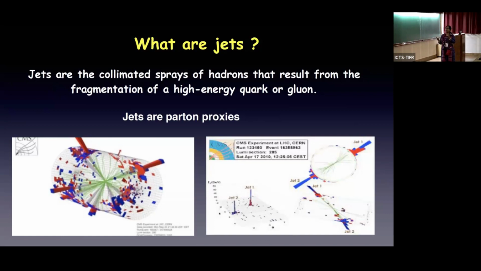So when you observe at your detectors, you don't see quarks and gluons, but you see a spray of hadrons that result from the fragmentation. Therefore, we can treat them as parton proxies.